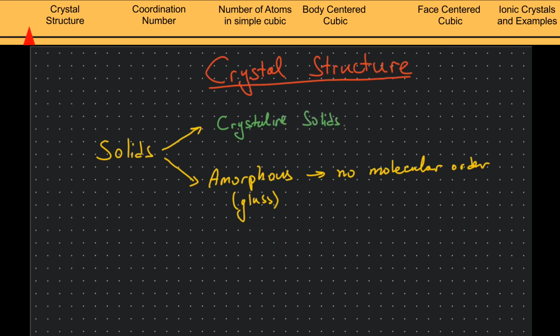A good example can be metals like gold, palladium, iron, and so on. Ordered structure.